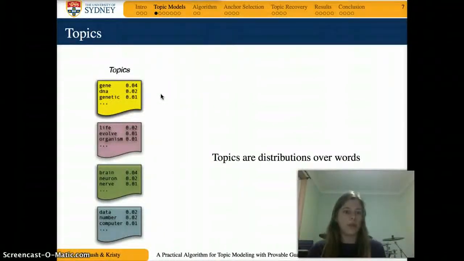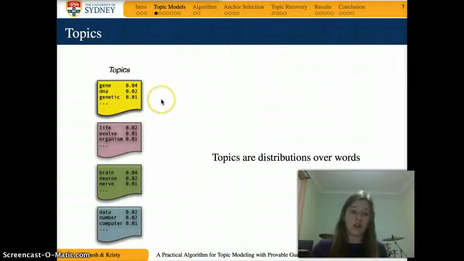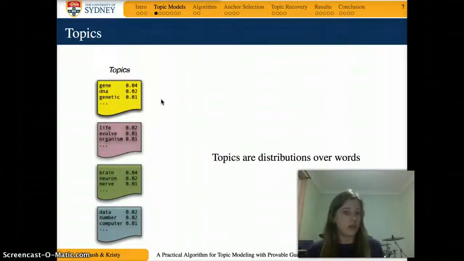To have the word gene coming up 4% of the time, so if you had a 100-page document, that's like saying that the word gene comes up 4 times in that whole document. So that's very unusual just for random documents. But for documents about this topic, it's probably not unusual. And that's the whole point of it.